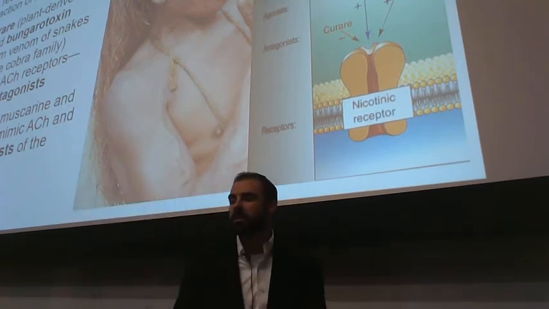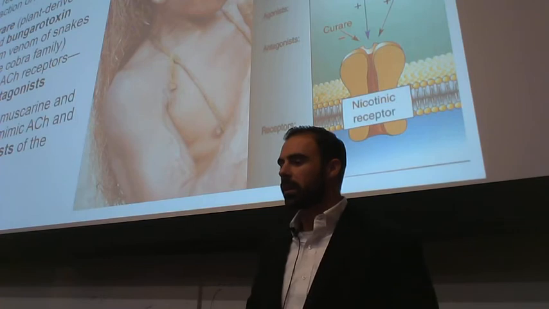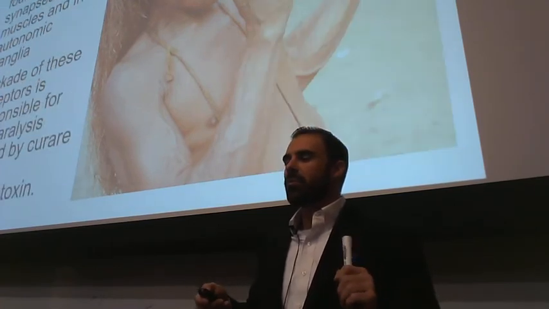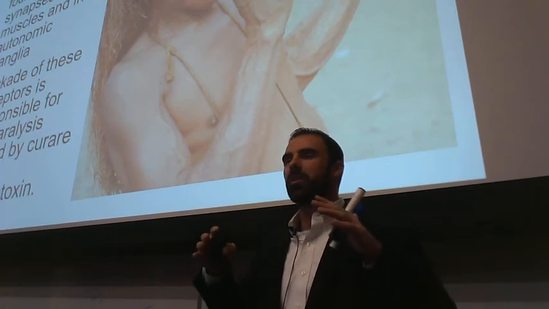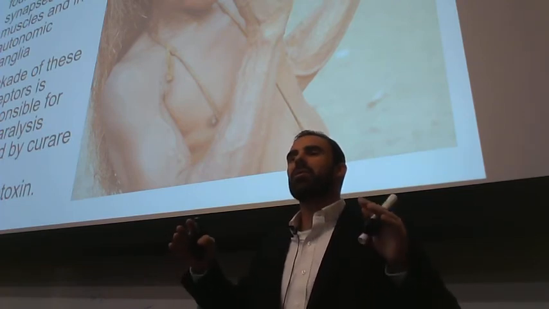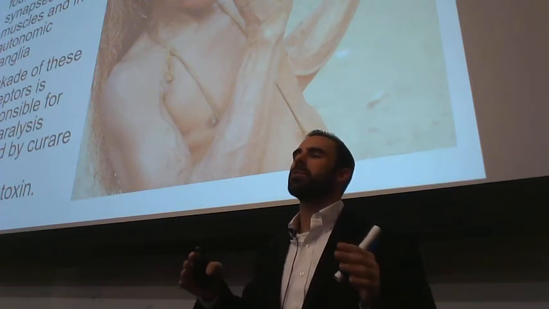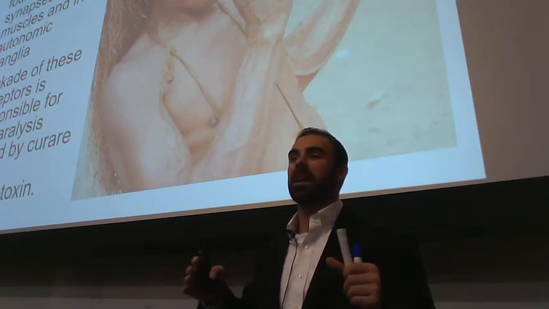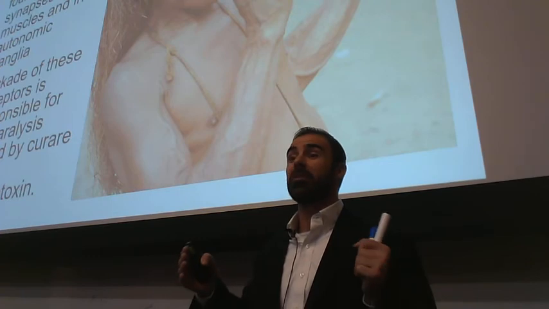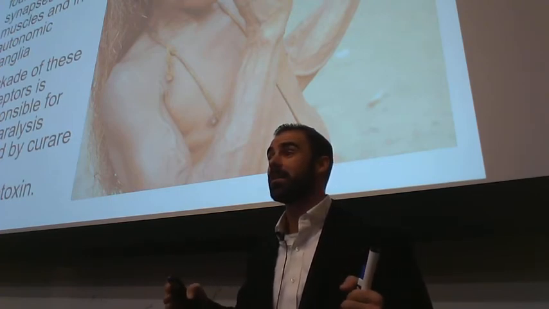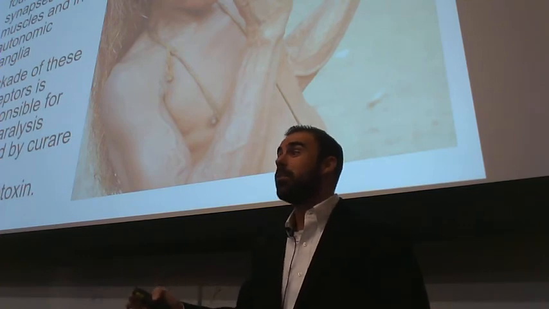Okay, so what happens there is we can have a situation where these receptors are blocked and they're no longer responsive. And so if they're at the neuromuscular junction that allows the person or the animal to move and they don't work, guess what the person or the animal does? Nothing. They can't move, they're paralyzed.